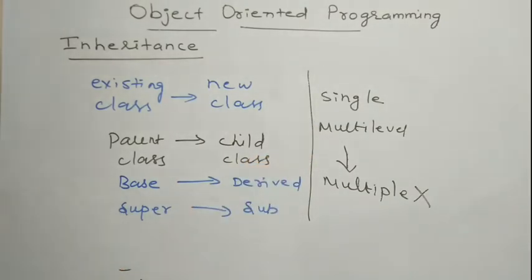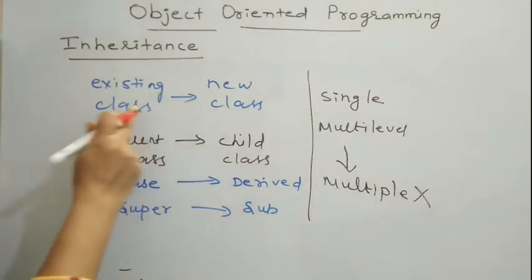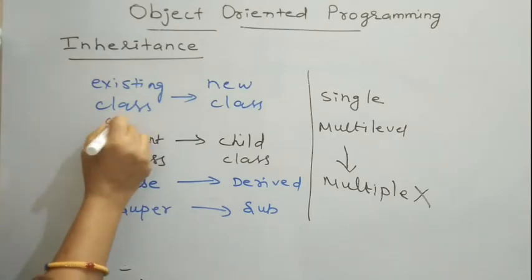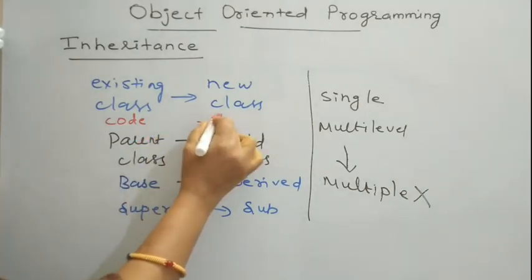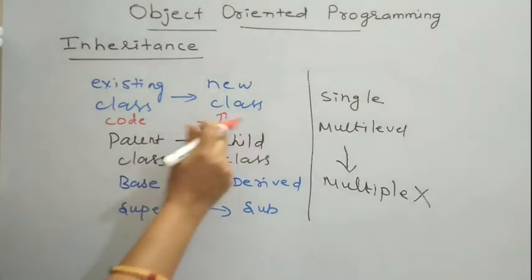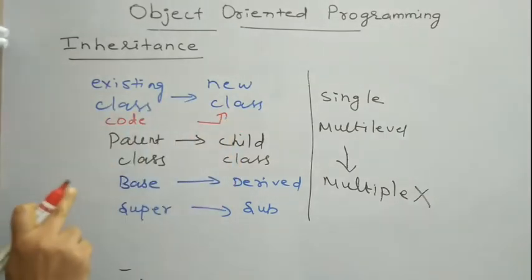Then what is the advantage of inheritance? Since the newly created class can access all the code, that is data members and methods defined inside the existing class, in the new class there is no necessity to rewrite the code again.